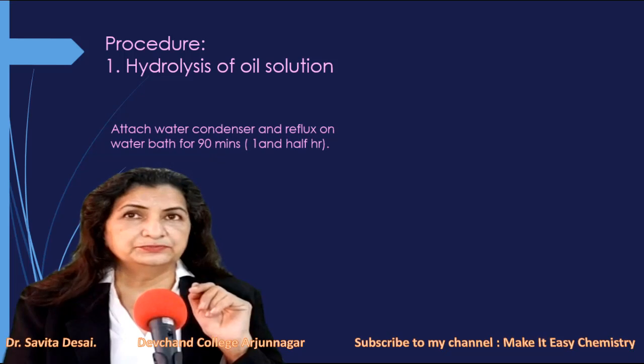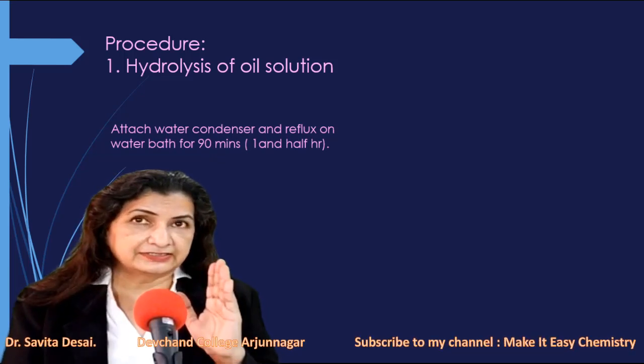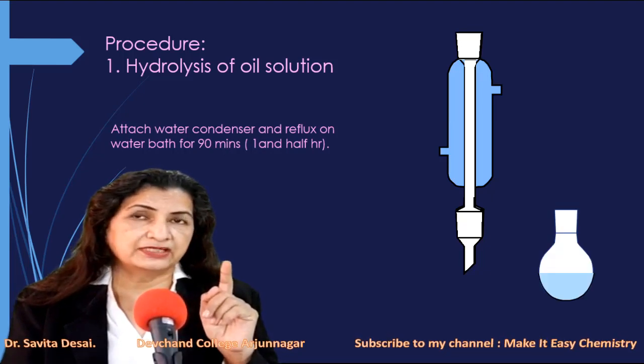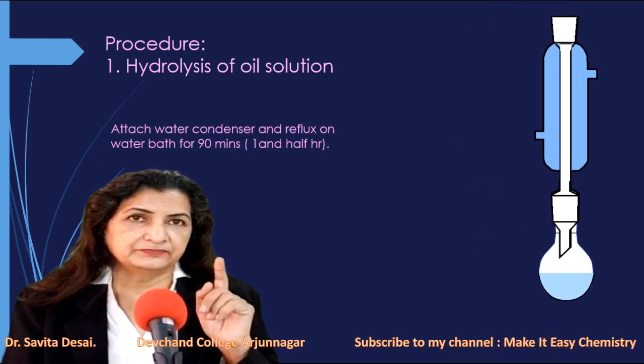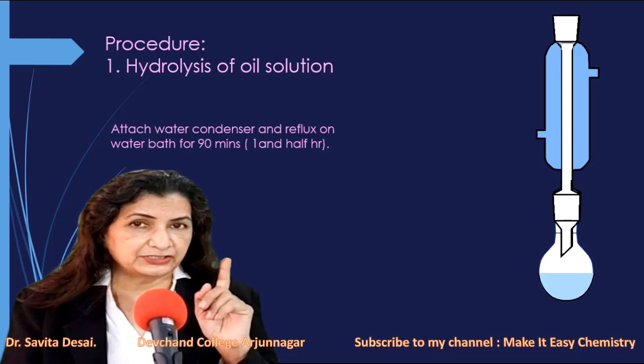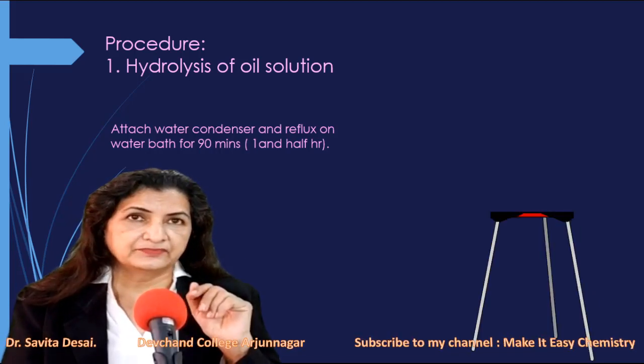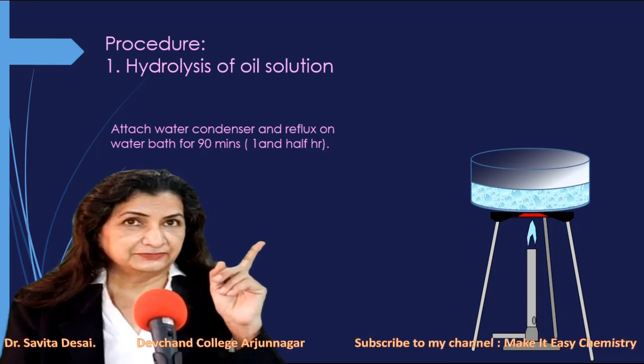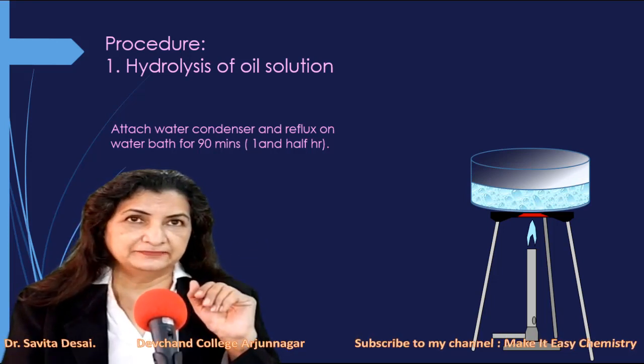we are going to attach the water condenser to this round bottom flask and reflux this on a water bath for 90 minutes. The water condenser is properly attached to the round bottom flask. Then it is heated. The water bath is kept for heating.